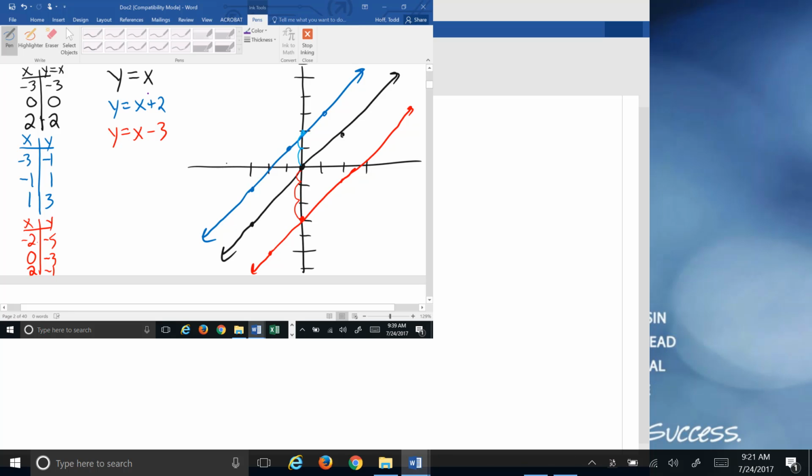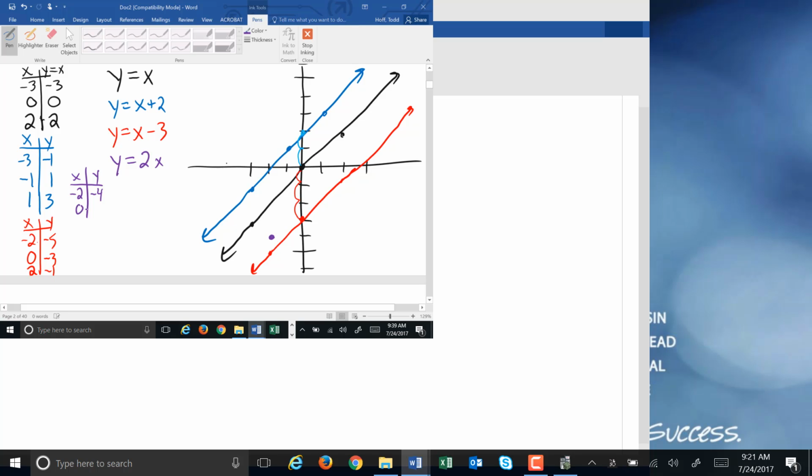Now, we've added and we've subtracted. Let's try multiplying. Y equals 2 times x. If x is -2, what's y going to be? What's 2 times -2? -4. So -2, -4 is going to be right here.